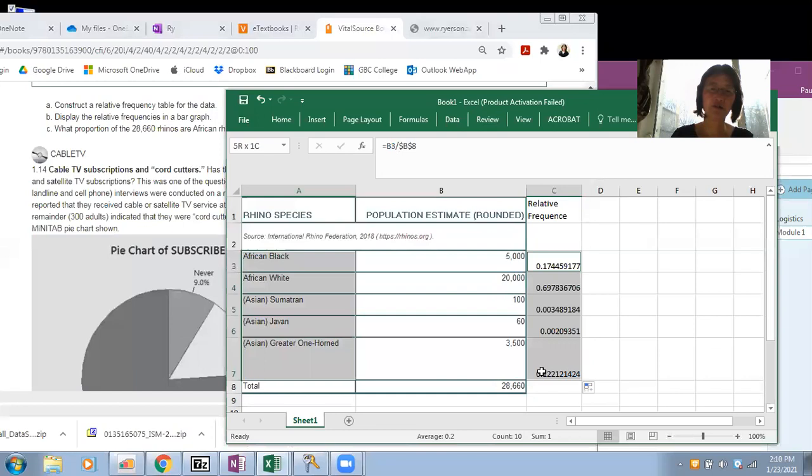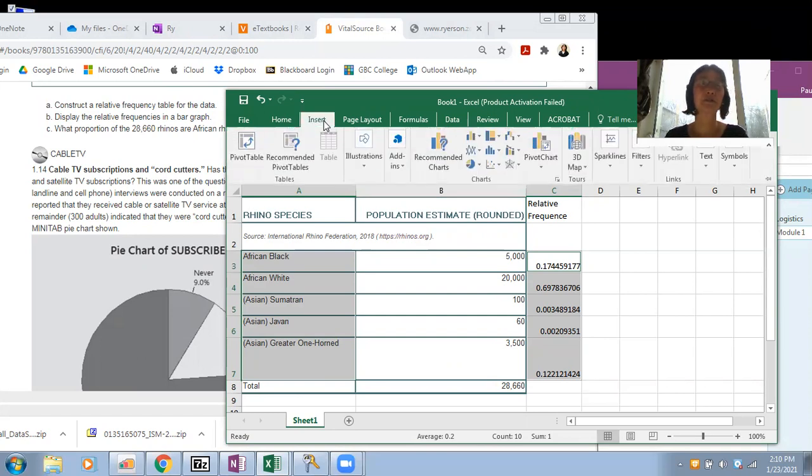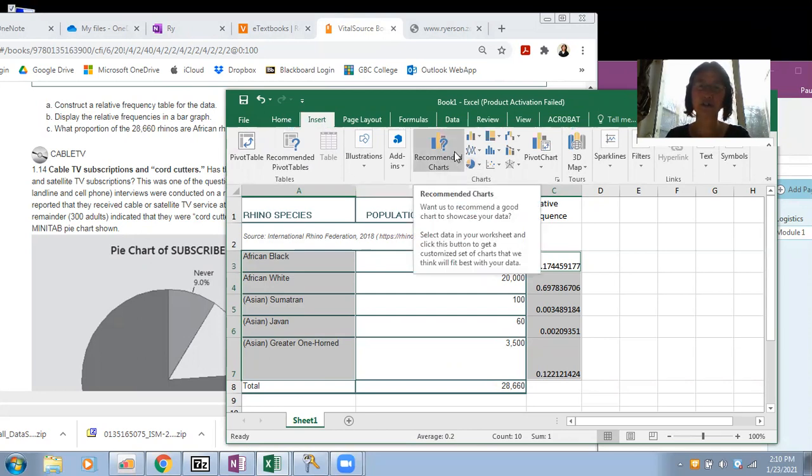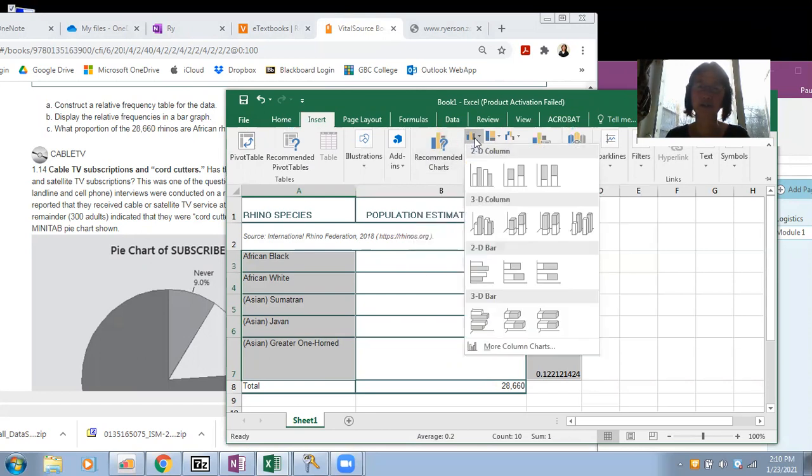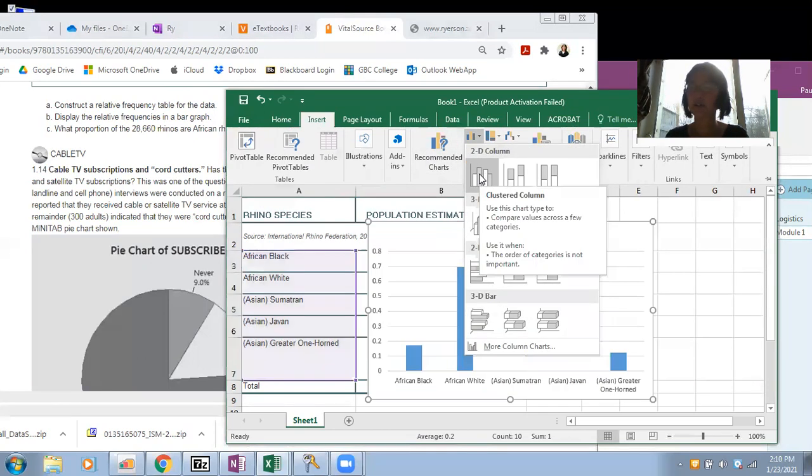So by using the Control key, you select non-adjacent data range at the same time. If you are a Mac user, you use Command to select non-adjacent data range. After that, you click Insert. The question asks you to create a bar chart. So go to Recommended Charts. Maybe this is the bar chart. Okay, and you can select this one.